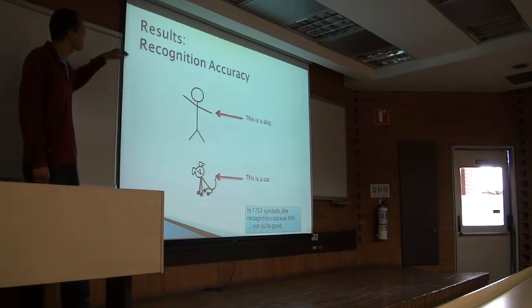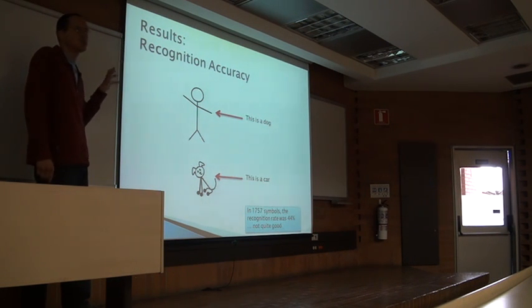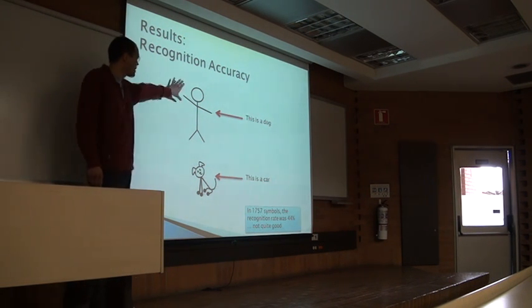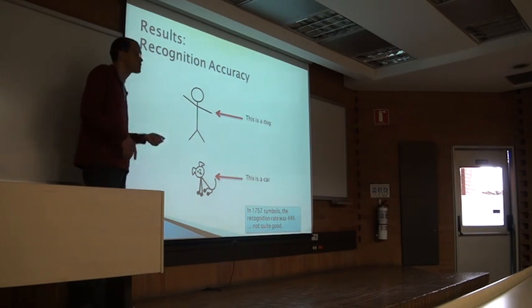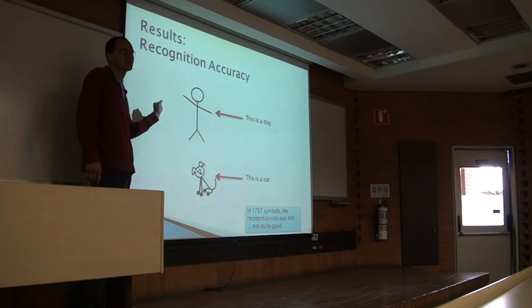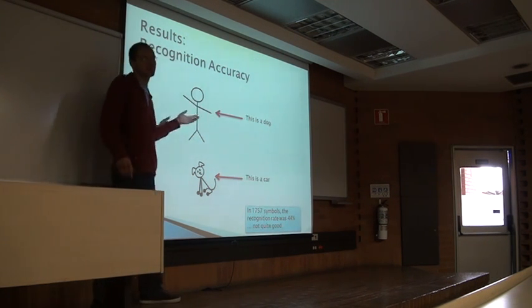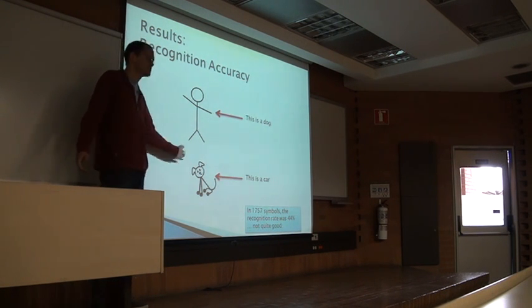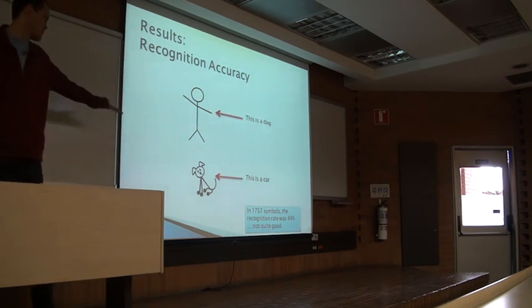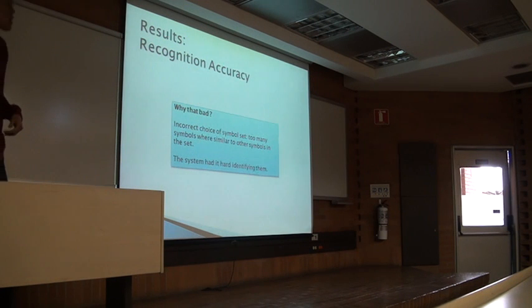In the first test, we wanted to know if the system would successfully recognize a sketch as the thing we want it to recognize. For example, this is a man. If the system says that this is a dog, then it's behaving badly. The same with this. That's a dog to me, and the system says this is a car, so we wanted to measure that.